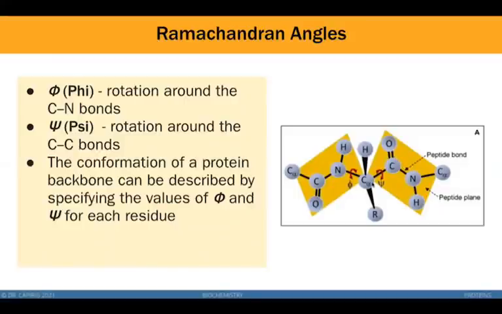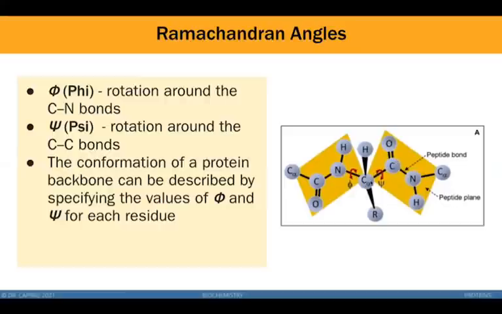So the name of the angle or the rotation between the alpha carbon and the amide nitrogen is what we call the phi angle, while the rotation between the alpha carbon and the carbonyl carbon is what we call the psi.